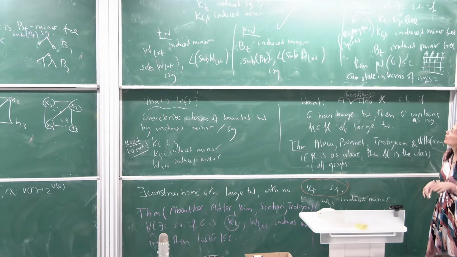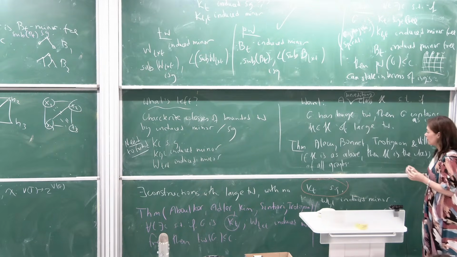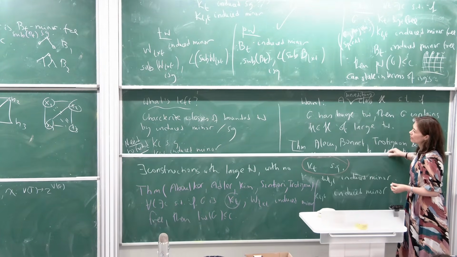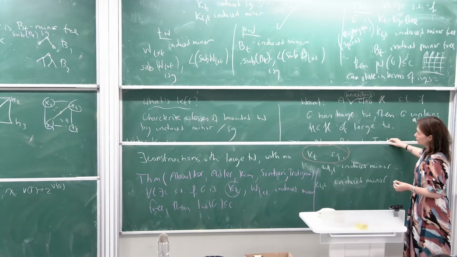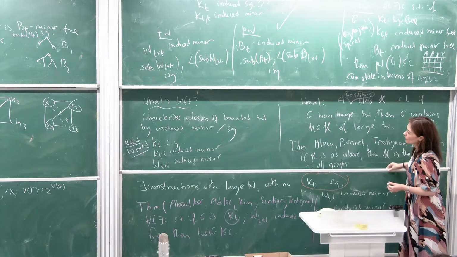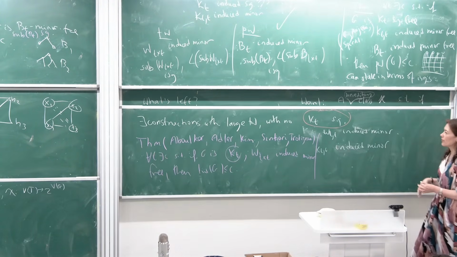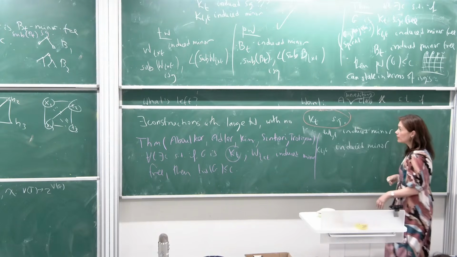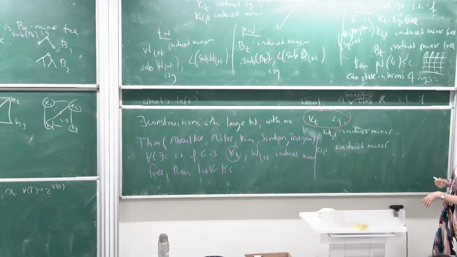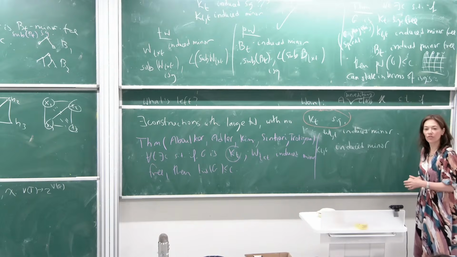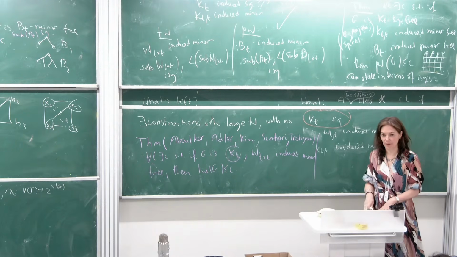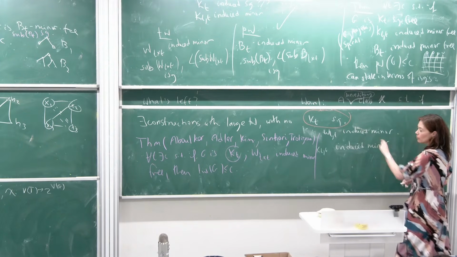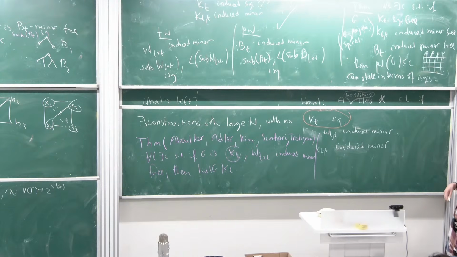Well, one interesting thing is that in all these known constructions, while the treewidth is unbounded, it doesn't grow very fast as a function of the number of vertices. So in all these known constructions, actually treewidth is logarithmic in the number of vertices.